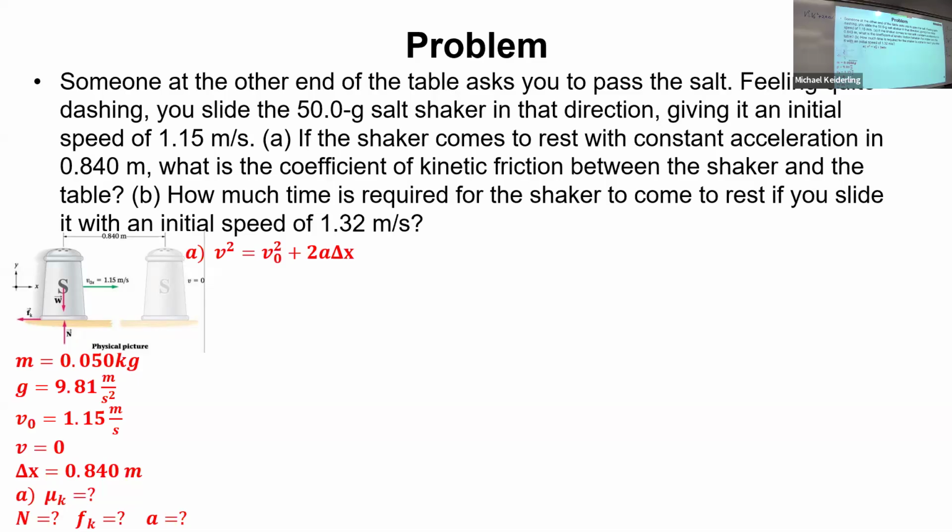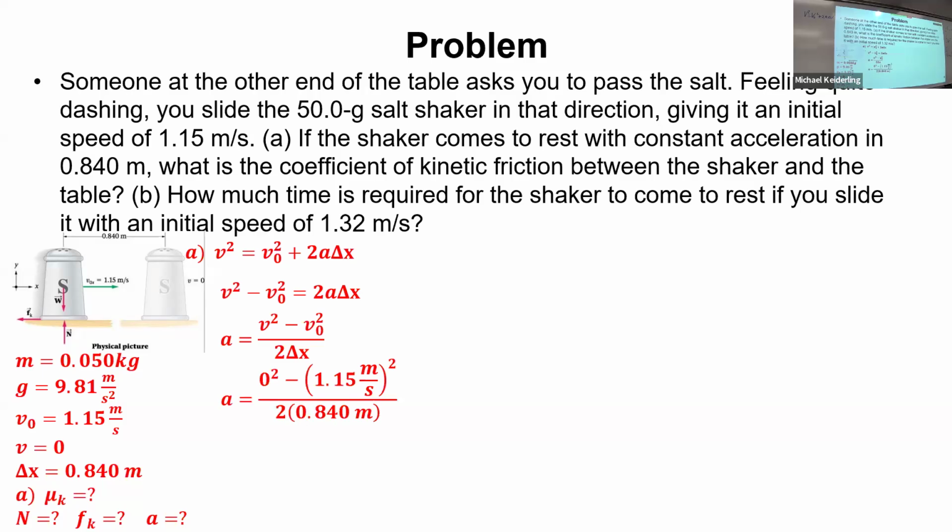So v squared equals v naught squared plus 2a delta x. So acceleration is v squared minus v naught squared over 2 delta x. So 0 squared minus 1.15 meters per second squared over 2 times 0.84 meters, which gives us an acceleration of minus 0.787 meters per second squared.